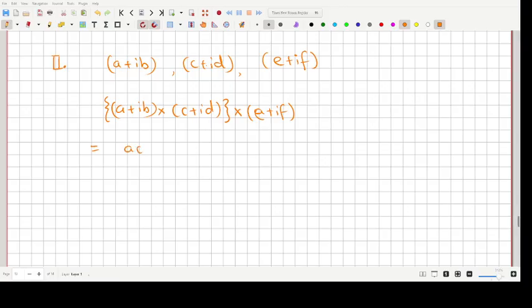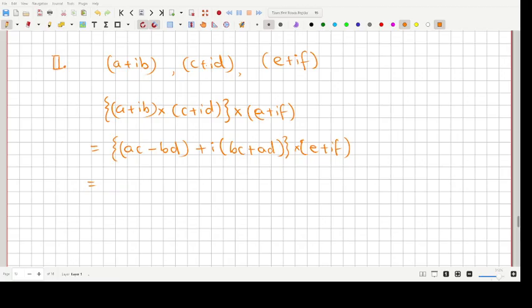So this is ac minus bd as the real component, plus i times bc plus ad as the imaginary part, and this in turn is multiplied by e plus if, right? Okay, so things get a little nasty over here, but still we'll try to be as vivid as possible.